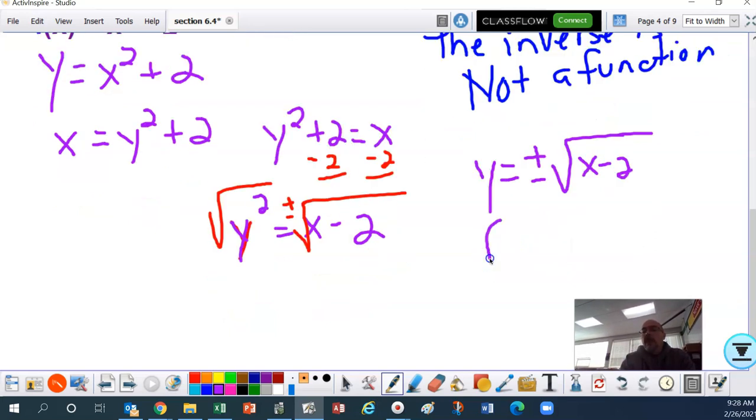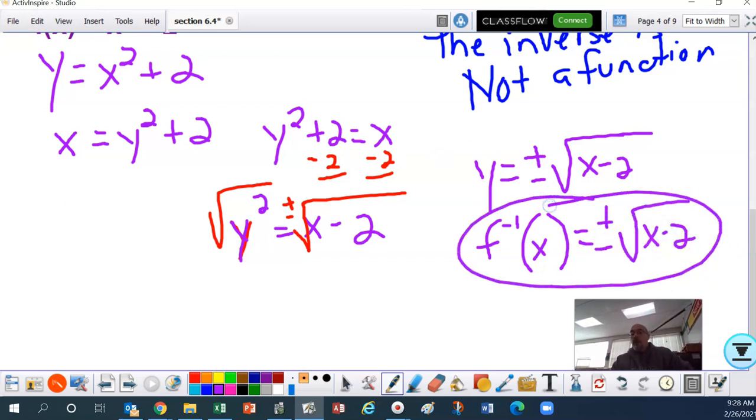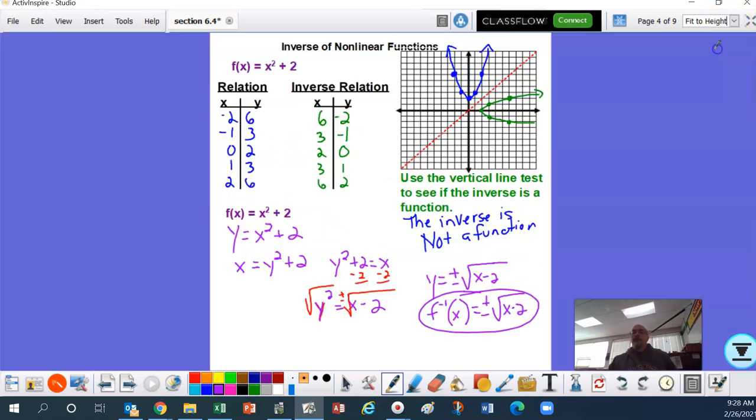And when I put that in function notation, I write f to the negative 1, that's the inverse, equals plus or minus the square root of x minus 2. All right. Okay, let me go back so you can see the whole thing. There it is. Again, we can see with using the vertical line test that that is definitely not a function.